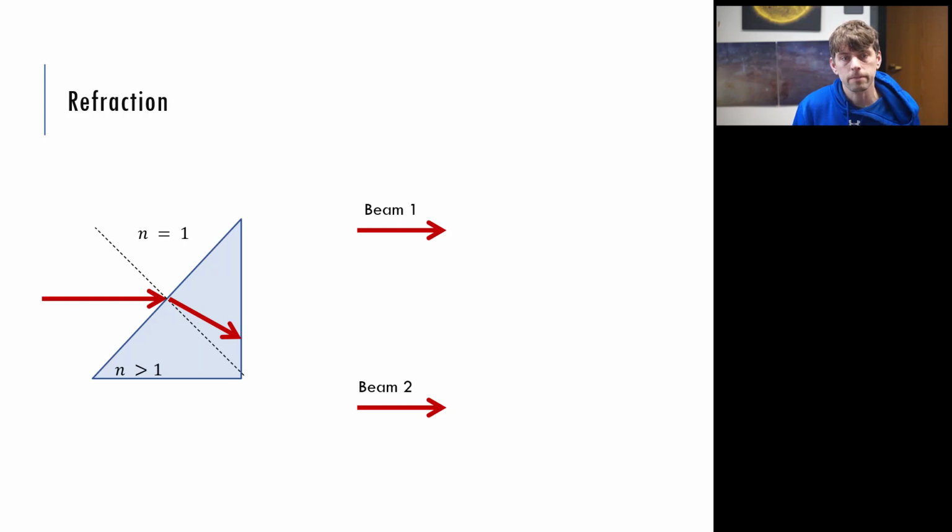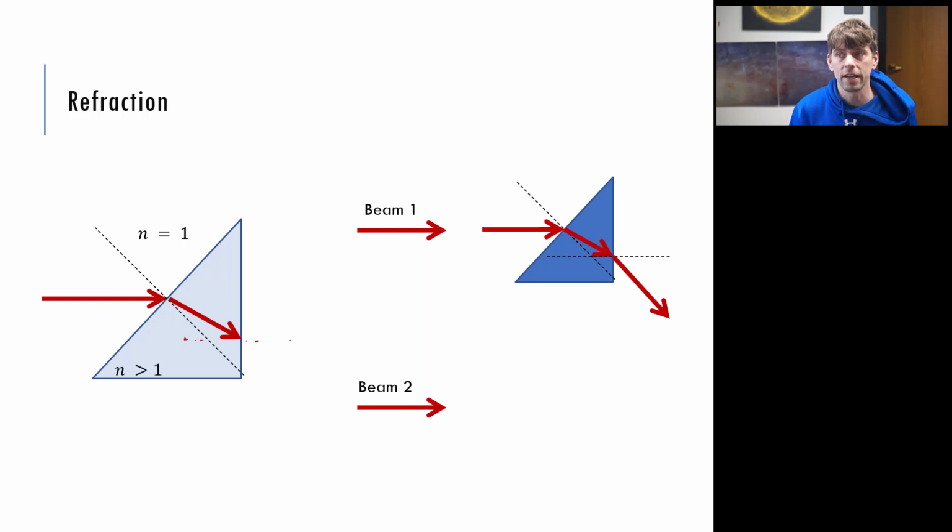Now, for the sake of argument, let's say this ray passes through the face at the backside. Now that we're going from a high index to a low index, the angle is larger again. So it goes out the backside, and the angle that it makes here is larger than the incoming angle inside the prism.